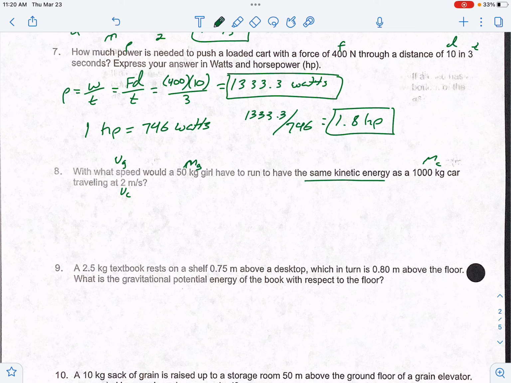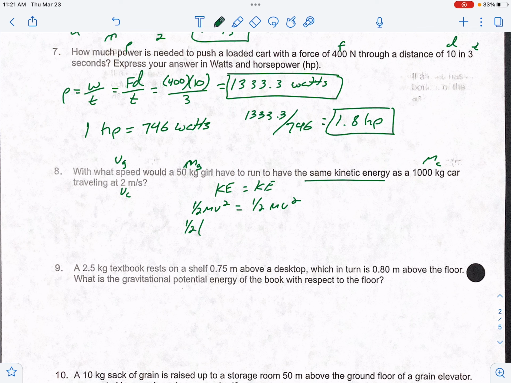Well, they have the same kinetic energy. So basically we're saying KE equals KE. The car and the girl have the same kinetic energy, so we can just set them equal to each other. So 1/2 mv squared equals 1/2 mv squared. So we're just going to plug in.